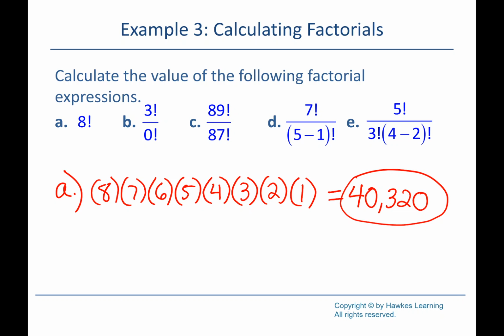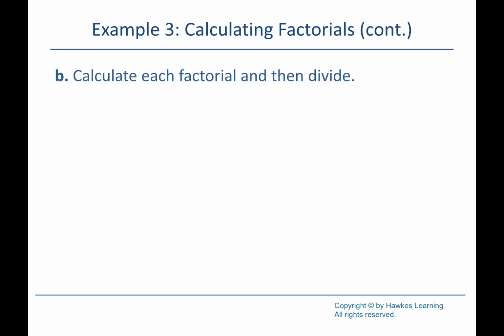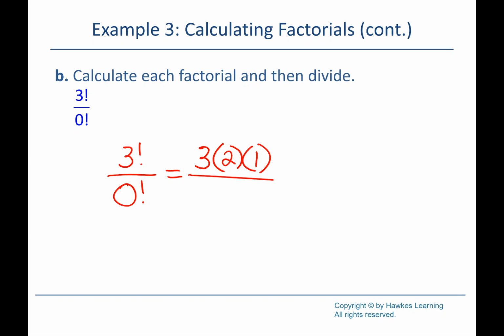Questions on that one? Okay. Let's look at B. I've got each one on its own slide. So B says 3 factorial over 0 factorial. Okay, so 3 factorial, that's 3 times 2 times 1. 0 factorial, we just have to remember our definition.